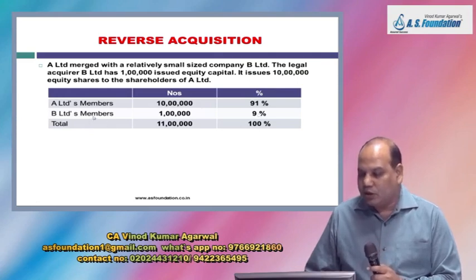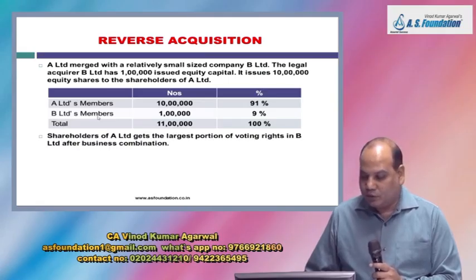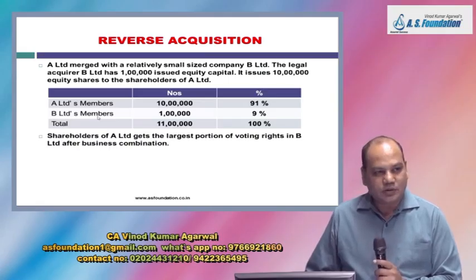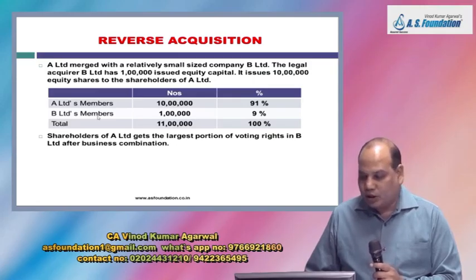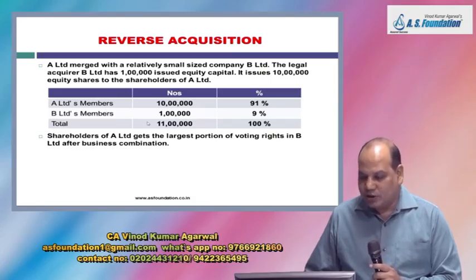Who is the legal acquirer here? B. Legal acquiree A. But for accounting purpose, this standard says, look at who is getting the control. Who is getting the control in this merged entity now? A Limited.